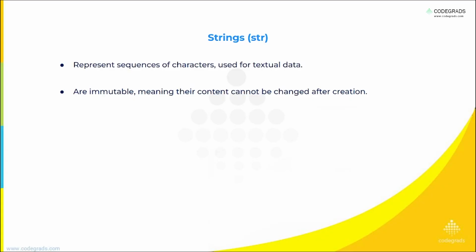Suppose I mention a variable name, and in double quotes I mention the value Mahesh. So that is a string value. Anything we enclose between single quotes, double quotes, or triple quotes will be considered a string. Now, suppose I mention another variable, greeting, and I assign the value hello in double quotes. That will be a string value.